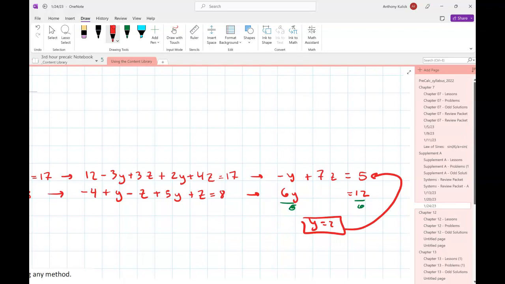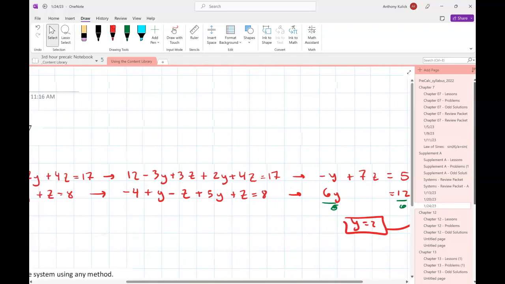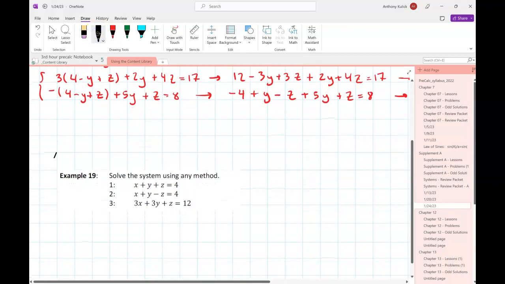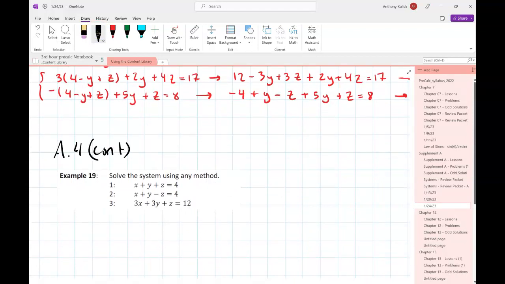All right. So let's pick up where we left off. So we're going to just be finishing out section A4 today. Last time in A4 we talked about solving systems with substitution and elimination.